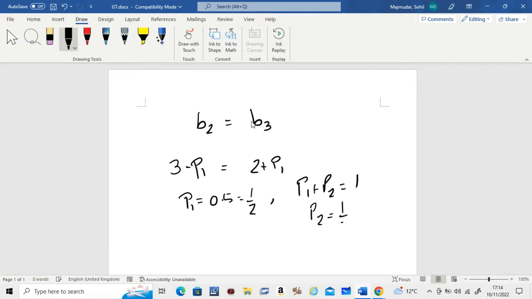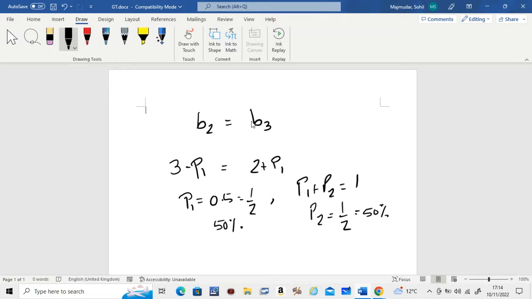So P2 will also be half. So we find the probability P1 that player A will play strategy A1 to be 50%. And we found the probability P2 that player A will choose strategy A2, which is again 50%.